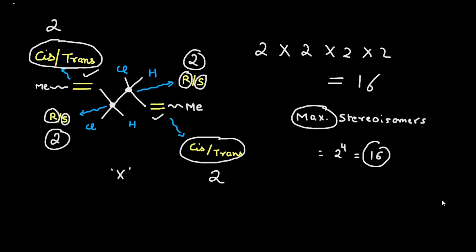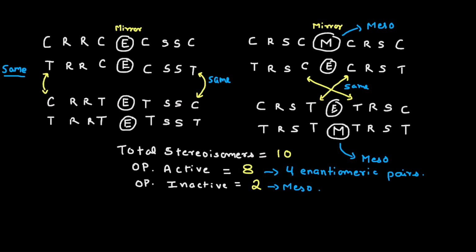So it just gives you the limit of the number of stereoisomers. For the actual number, you have to go through the possibilities of symmetry, and then you can understand the actual number of stereoisomers possible. So for that to be assessed, I have analyzed it in a very fundamental manner.